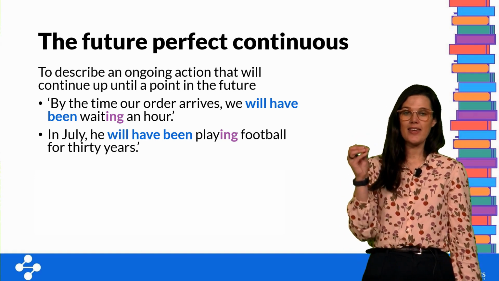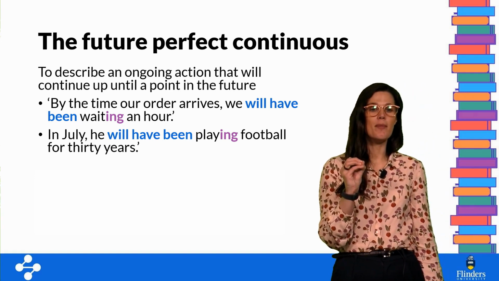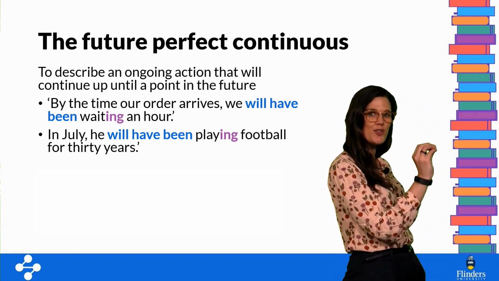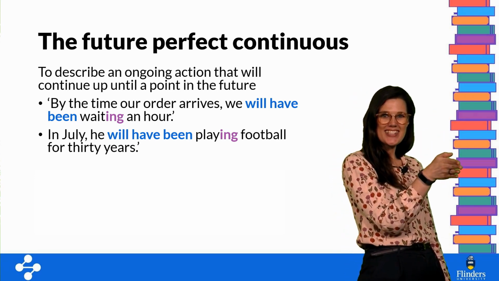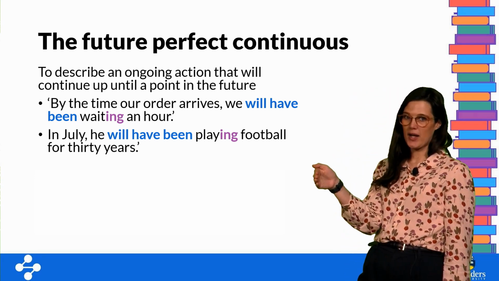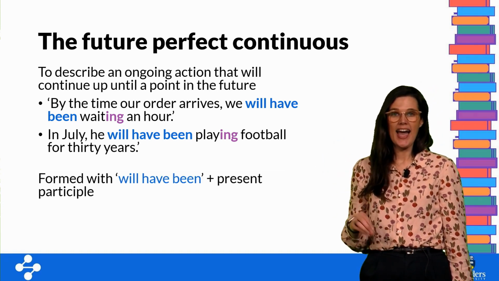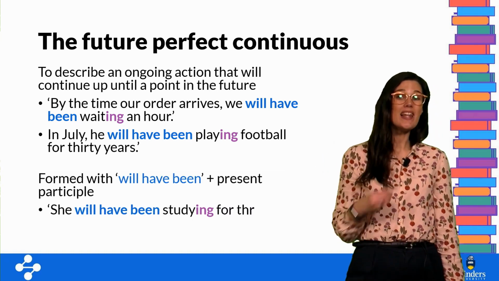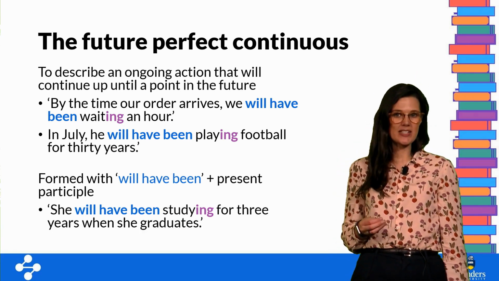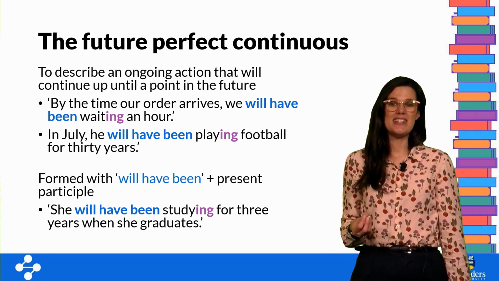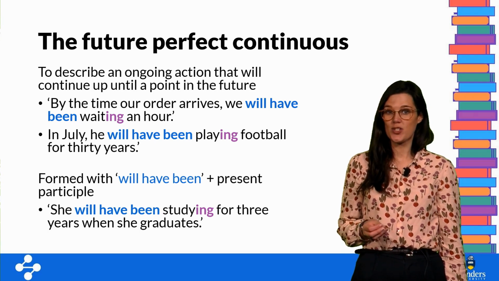So again, thinking from my present point in time forward to the future, from which point I'm looking backwards at something that has taken a long time. And it's formed with the verbs will have been, plus the present participle. She will have been studying for 3 years when she graduates.